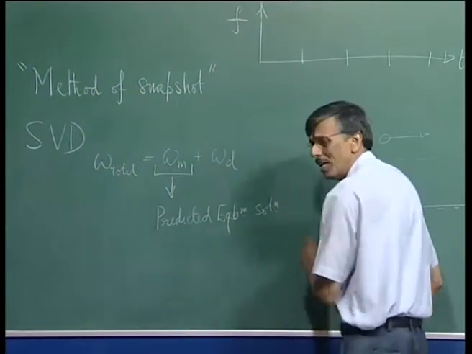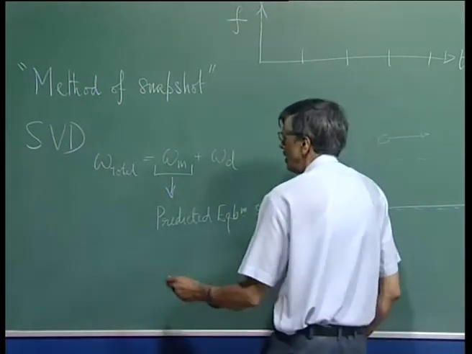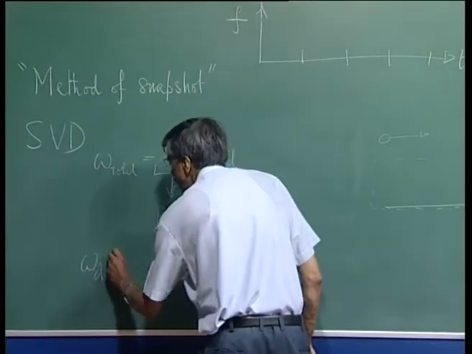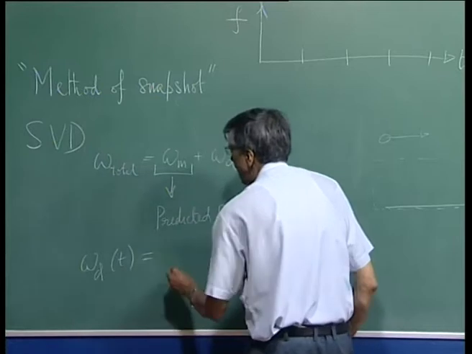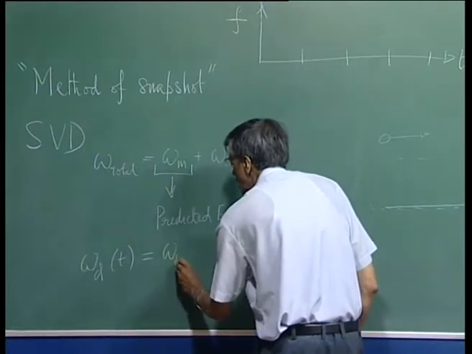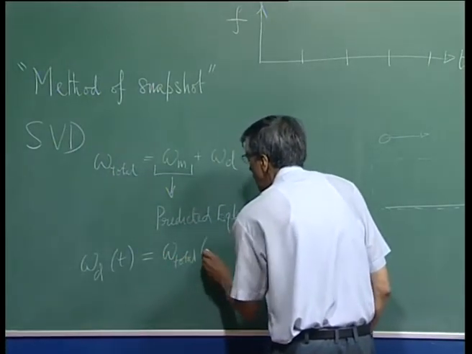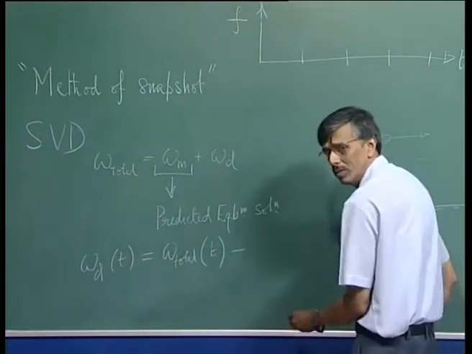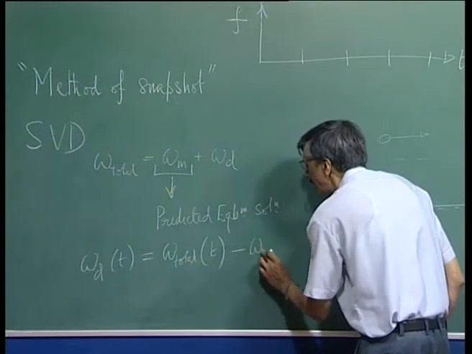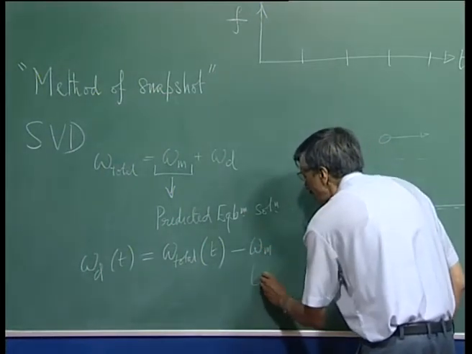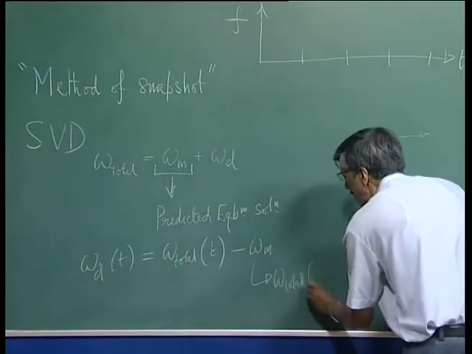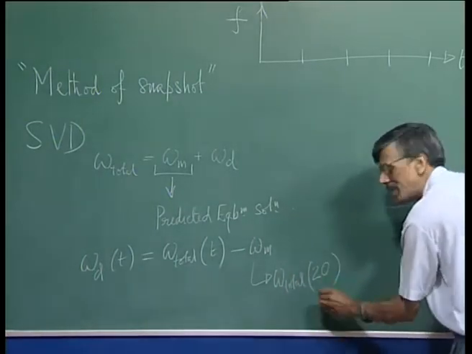So if I have this, then it's rather easy. So omega d at any time, I could write it as omega total at that time minus the equilibrium solution. And that equilibrium solution, as I was saying, it could be the omega total itself at an earlier time, maybe at t equal to 20.